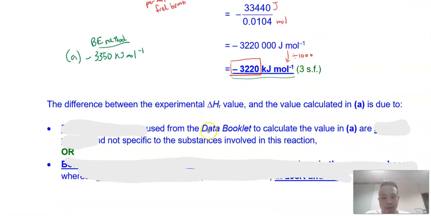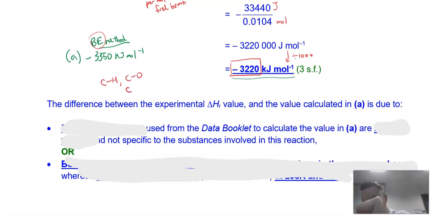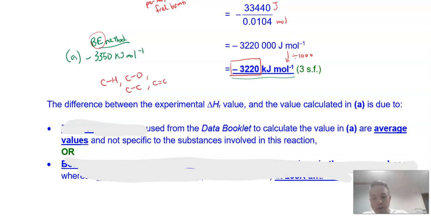So take note, when we use the bond energy method, for example C-H bonds, C-O bonds, C-C bonds, or C=C double bonds, where do we get all these numbers from? These numbers are actually what we call average values, which means they are compiled from a number of different organic molecules.